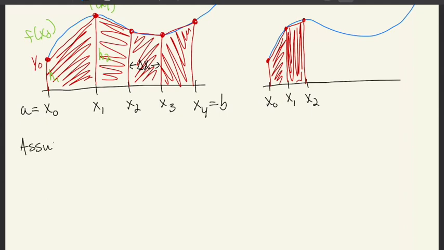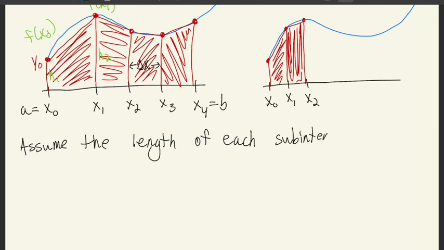All right, so let's do the derivation. Assume that the length of each subinterval is delta x equals b minus a over n.